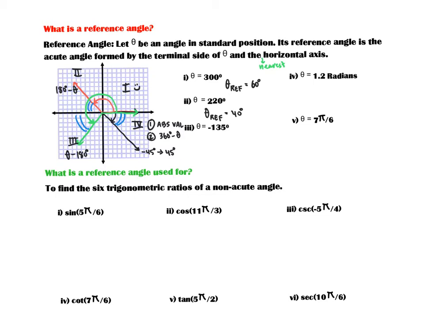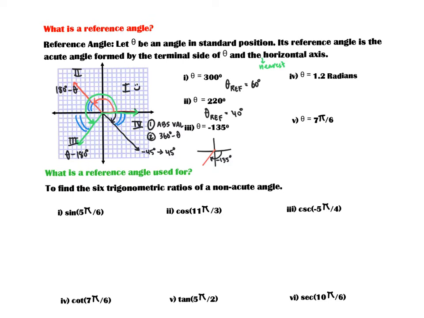Okay, in number 3, we also fall in quadrant 3. Therefore, let's talk about what we would do here. Here's quadrant 3. We rotate 135 degrees. In actuality, we're rotating negative 135 degrees. Okay, so what can we do?